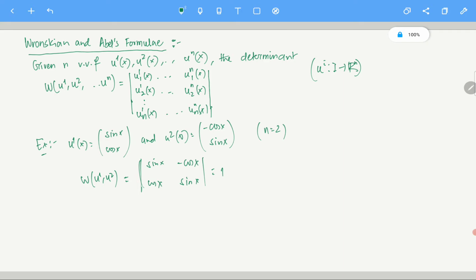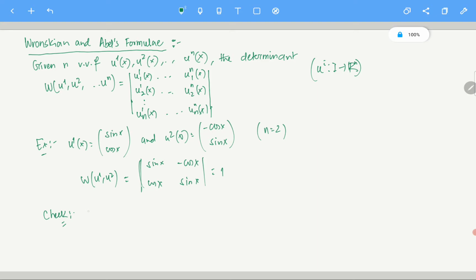Fine. So what is so special about the Wronskian? One small detail which you can check is this. If you already did 102, a previous ODE course, you already know what a Wronskian for a second order linear equation is.